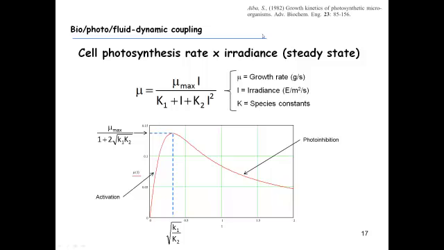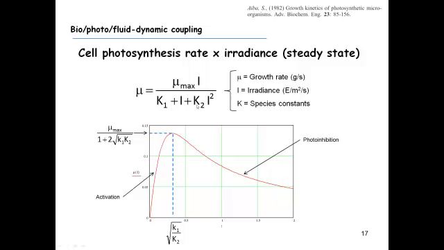There's a very common and widely used model due to Aiba, 1982, which states that the growth rate μ is proportional to the intensity of light, and so the numerator here means that the higher the intensity of light, the higher will be the growth rate.